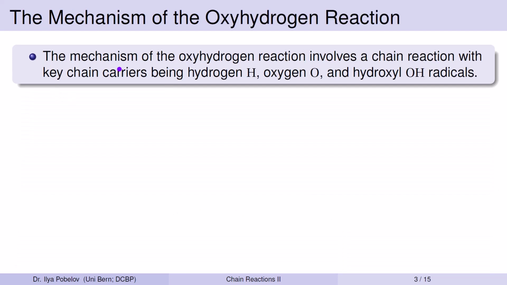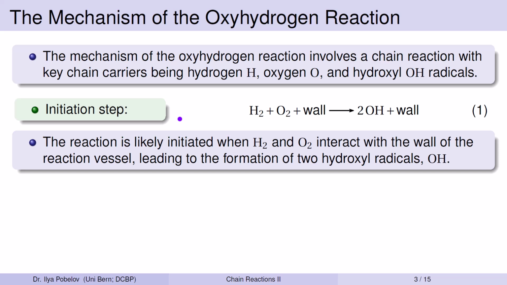The mechanism involves a chain reaction, with key chain carriers being hydrogen, oxygen, and hydroxyl radicals. The reaction is likely initiated when a hydrogen molecule and an oxygen molecule interact with the wall of the reaction vessel, leading to the formation of two hydroxyl radicals.